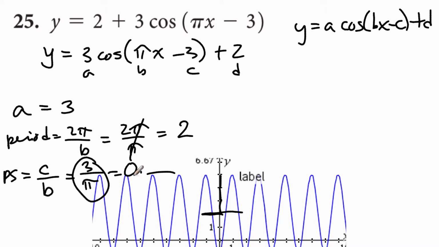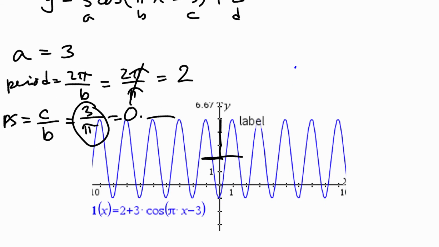Anyway, what that is saying is it's taking the normal cos graph. I didn't put it on here, but let me draw the normal cos graph. The normal cos graph starts at 1 and ends at 1, and it does that in 6.28, so somewhere around in here.